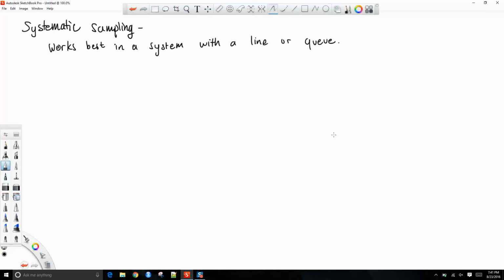And basically you just pull off every nth person, whether that's every 10th person or every 15th person or whatever it is. Just select every nth person from the line.